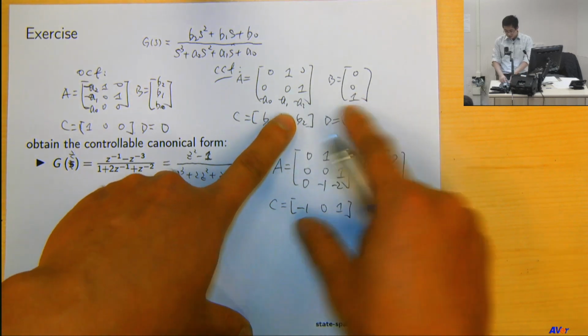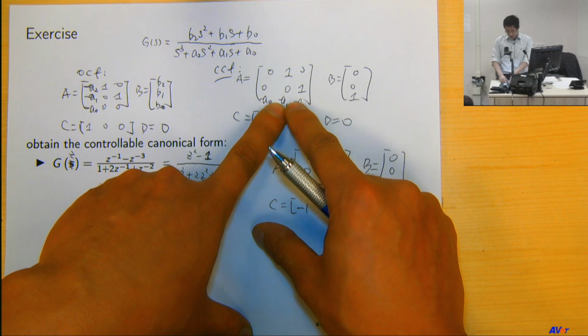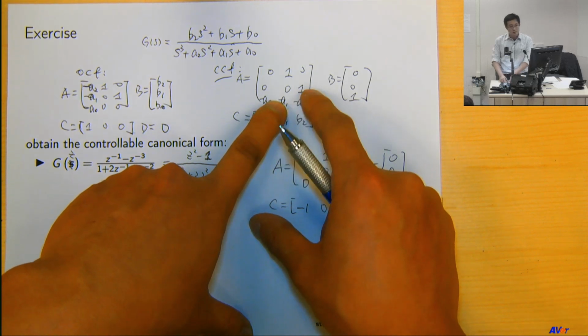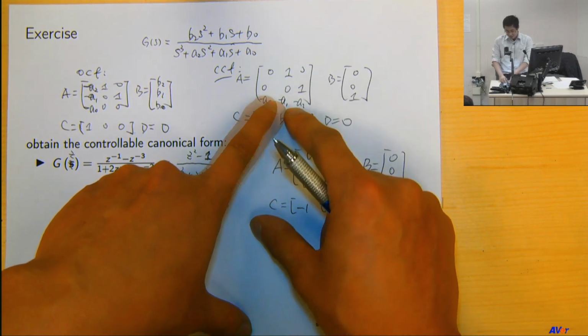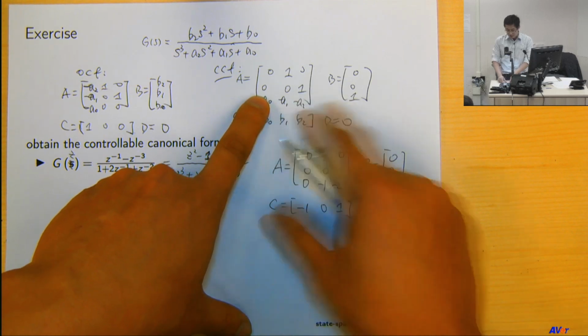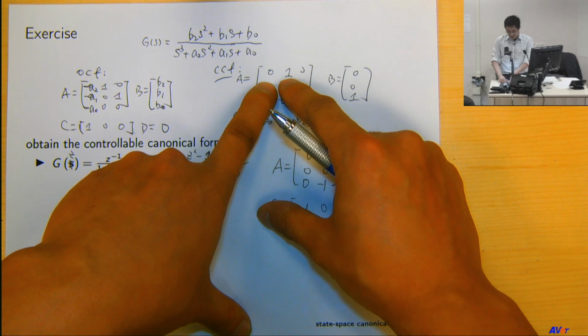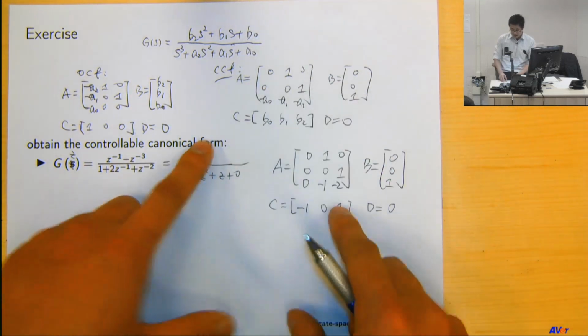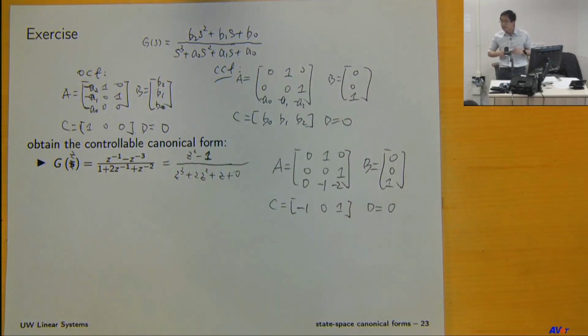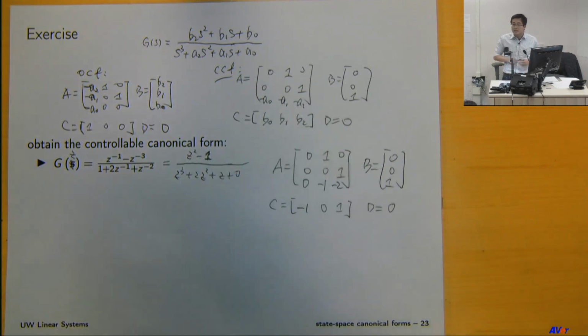Because my control is impacting my states in this sequential format, X3 is controlled, X3 influences X2 directly, X2 influences X1 directly. So therefore, it's controllable. We will put these concepts into more rigorous mathematical descriptions later.